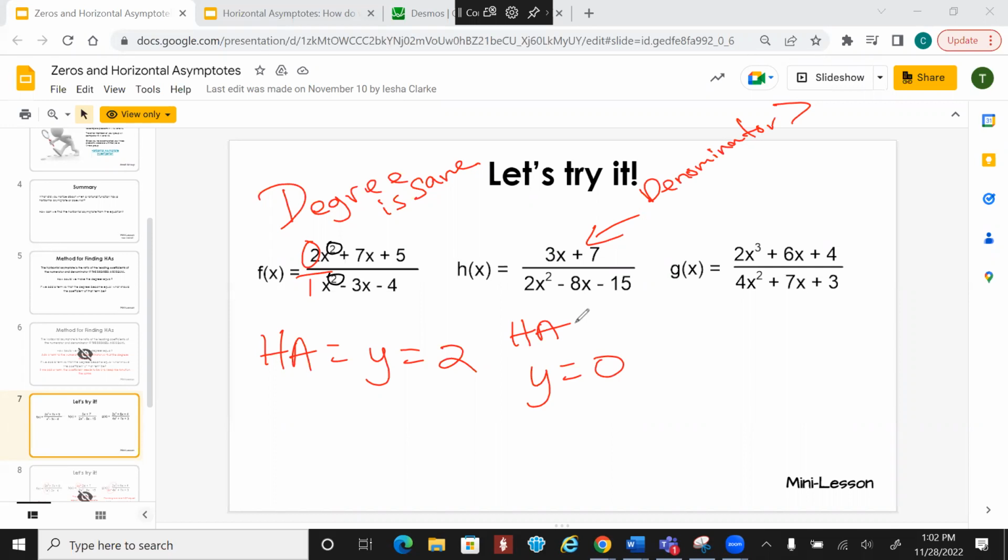So if the denominator is bigger, y equals 0 for your horizontal asymptote. If my numerator is bigger, then there's going to be no horizontal asymptote.